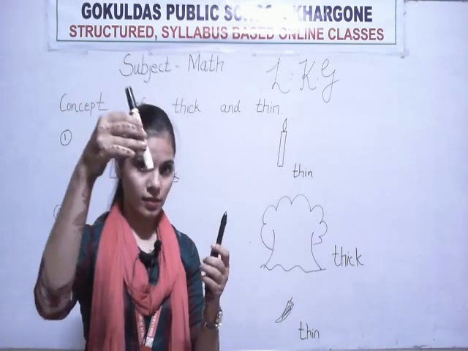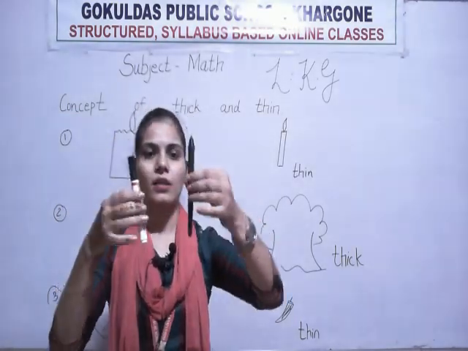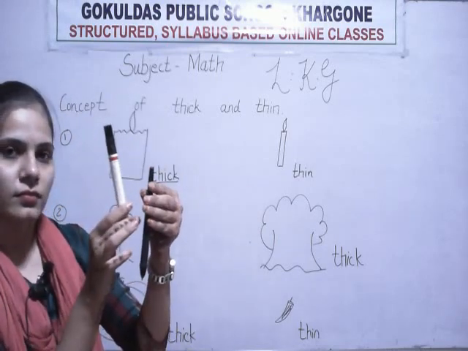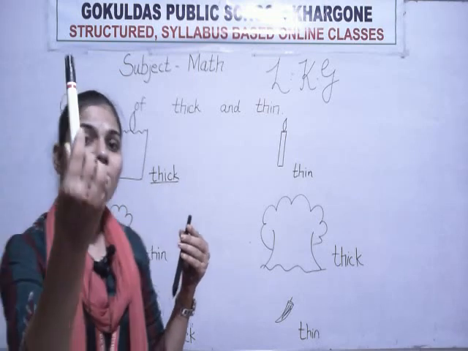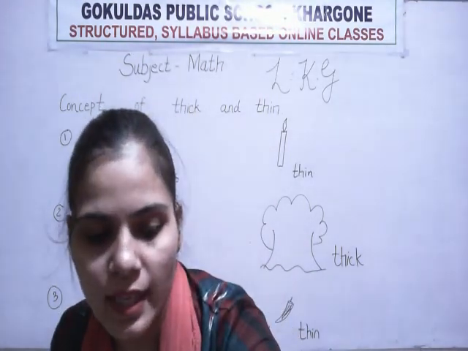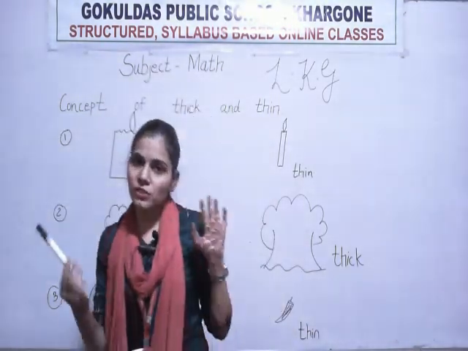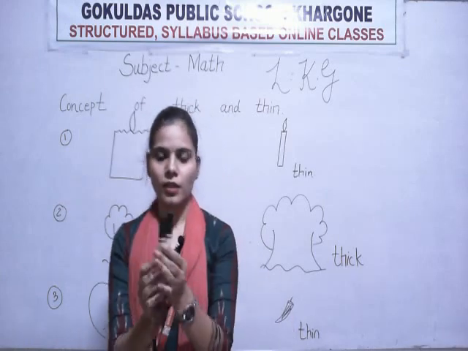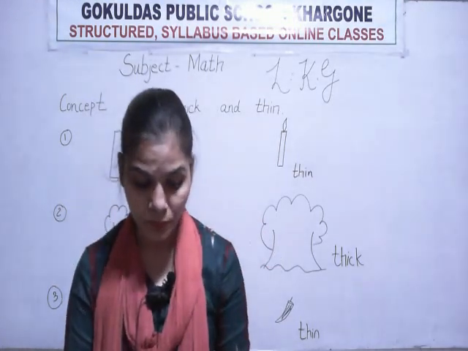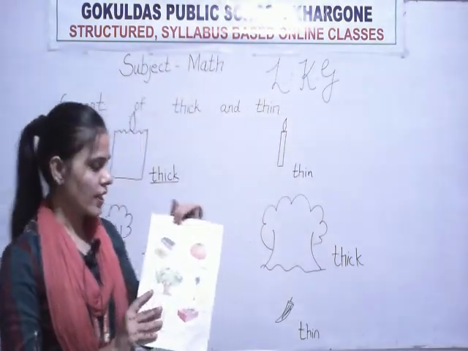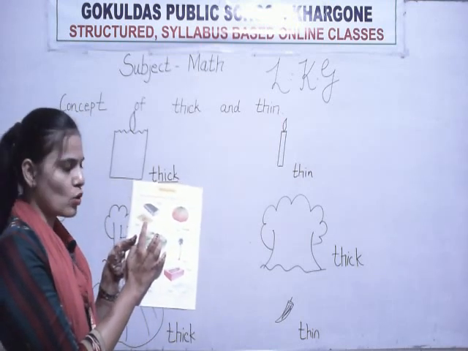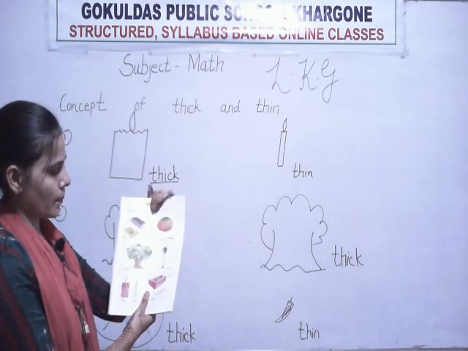The marker is here and this is the pen. So which one is thick and which one is thin? Yes, this one is thick and this one is thin. So you take some thick pens and some thin pens and you differentiate. Thick one is different and thin one is different. In this book example, this one is a thin book and a thick book.